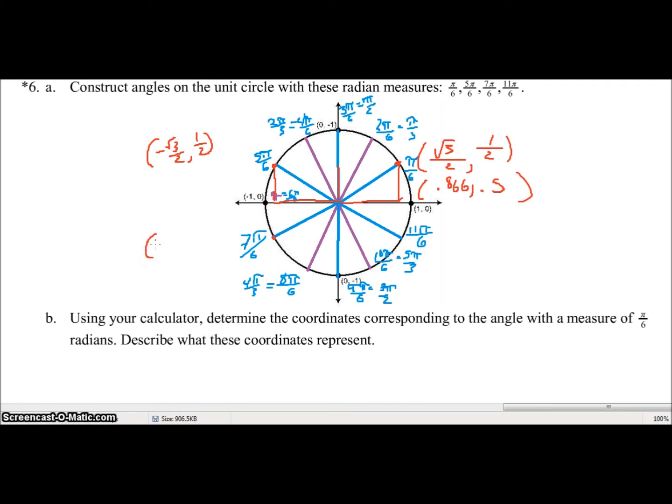And down here, it's kind of similar. We again have negative square root of 3 over 2 for our horizontal length, cosine of theta, and then this vertical length is now negative 1/2. And for this one, 11 pi over 6, we have positive square root of 3 over 2 and negative 1/2.